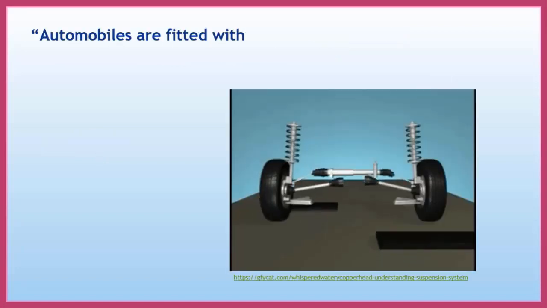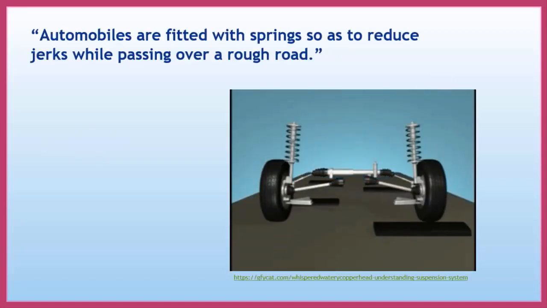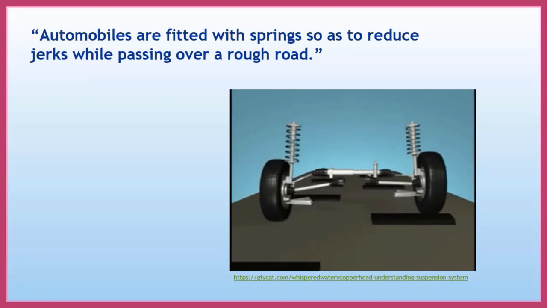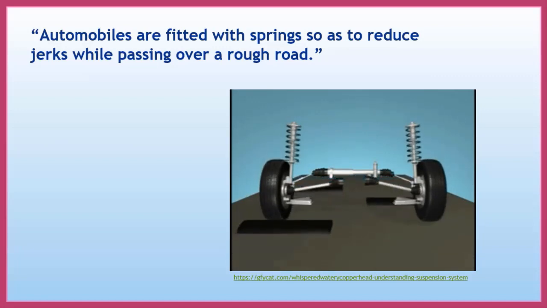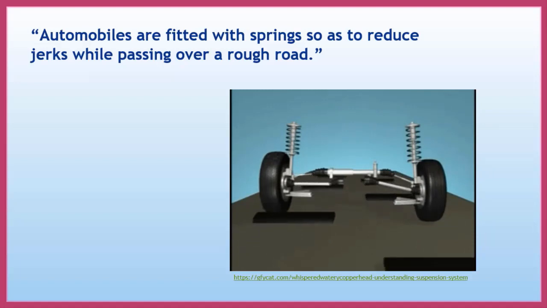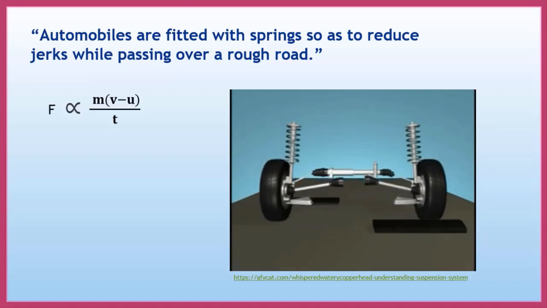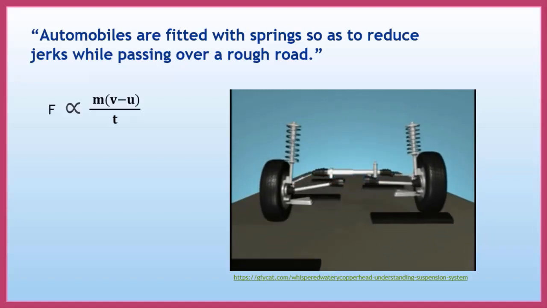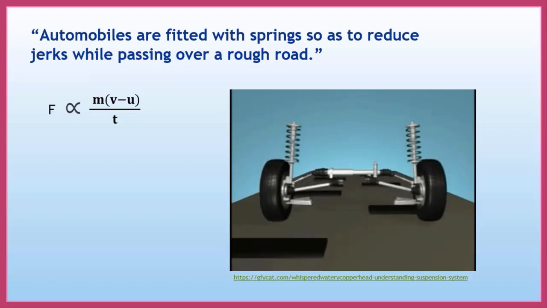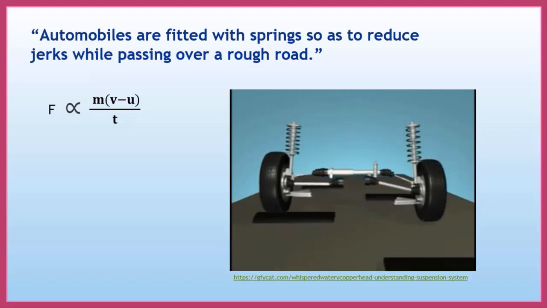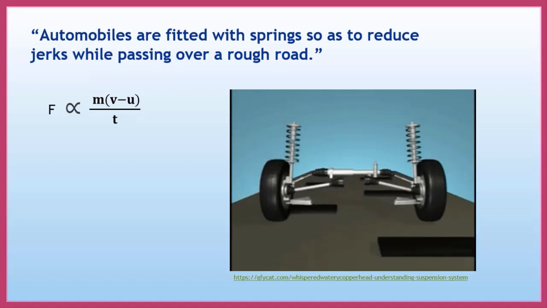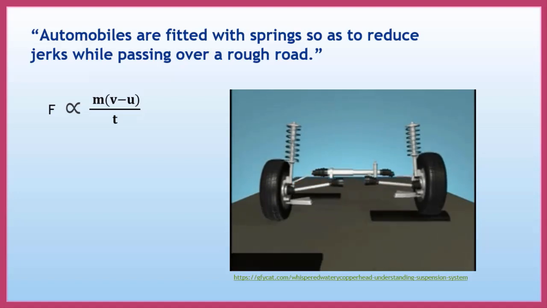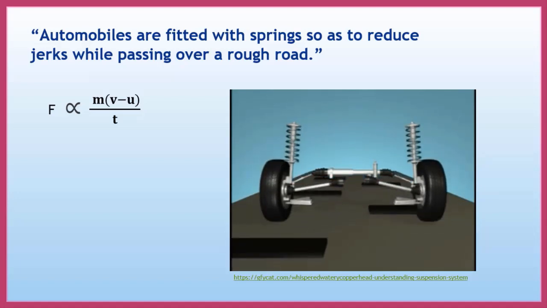Clear? Second example. Automobiles are fitted with springs so as to reduce jerks while passing over a rough road. As you can see in the picture, a spring is being attached. Basically, these are called suspensions. So what is the purpose of these suspensions?